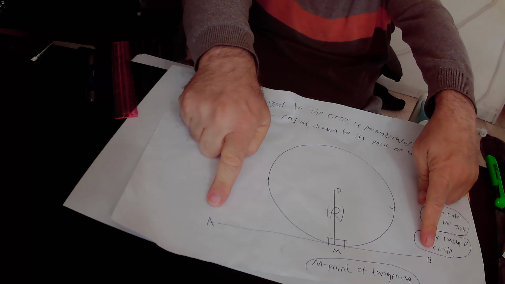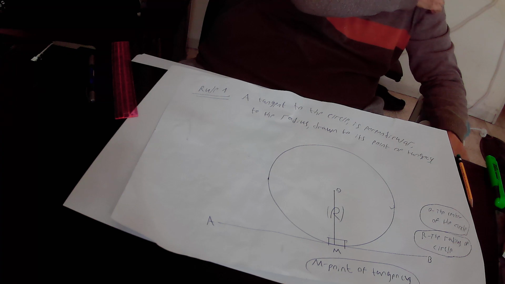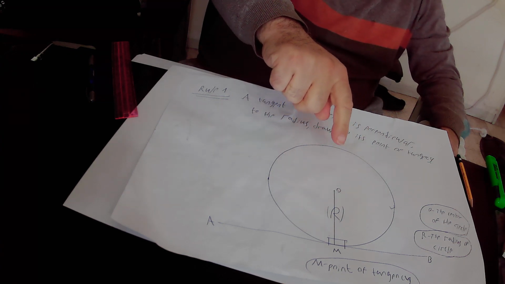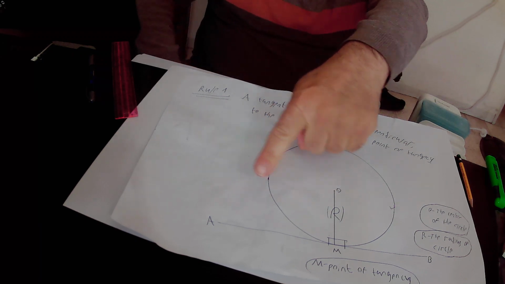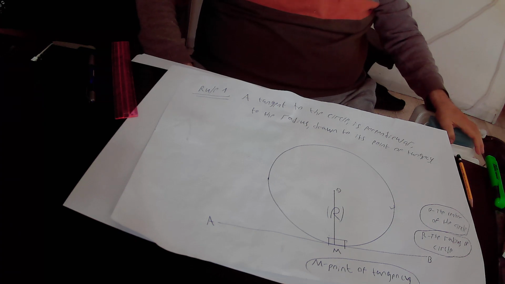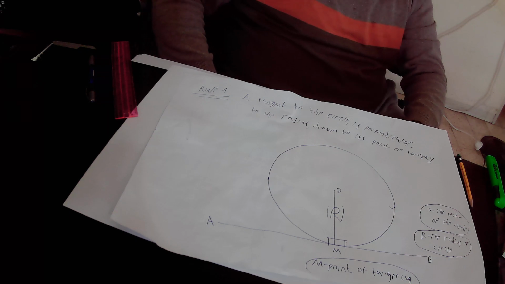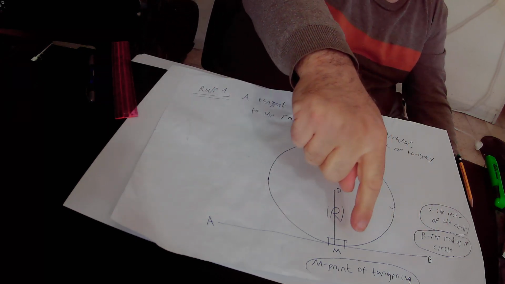This tangent AB is tangent to this circle at point M. Point M is the point of tangency. And we have the radius OM that is drawn to point M, the point of tangency of tangent AB with this circle. Whenever you have a radius that is drawn to the point of tangency, then tangent AB will be perpendicular to the radius MO.